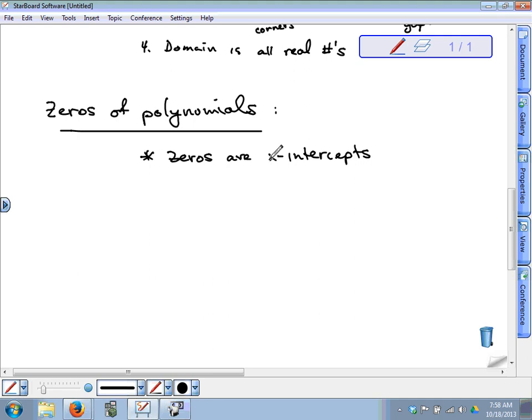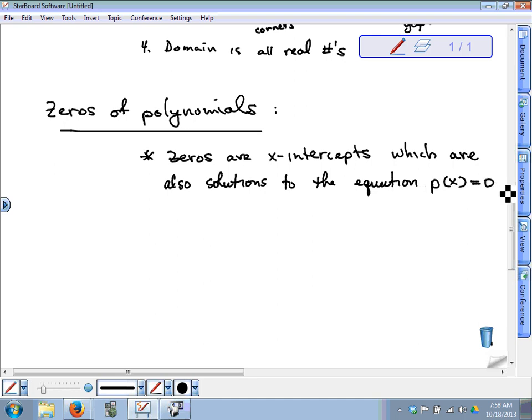Keep writing. Zeros are x-intercepts, which are also solutions to the equation p of x is equal to 0.